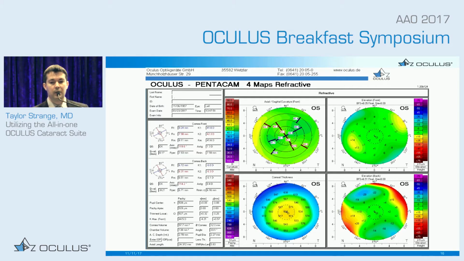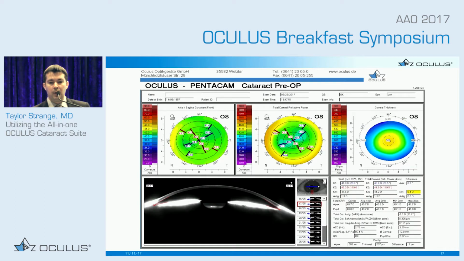And I like how you can see her oblate cornea where she's had post-refractive surgery. Sometimes patients don't know whether they were far-sighted or nearsighted, and they don't know what type of excimer laser they had. So this helps guide you along that path if you don't have any data prior to the patient getting to your clinic.